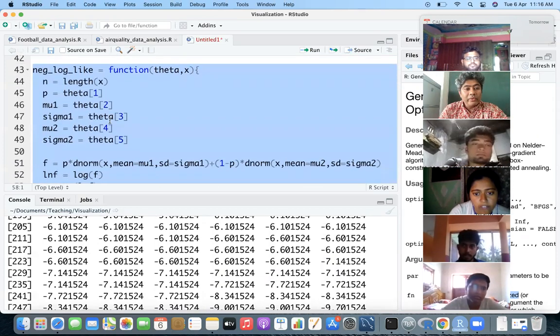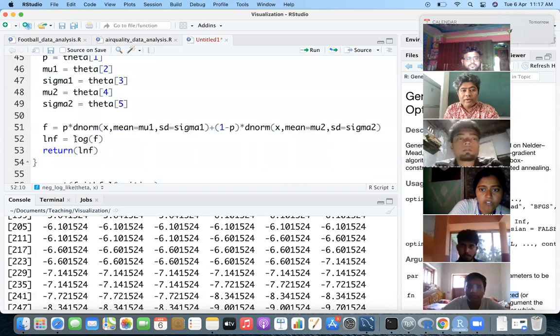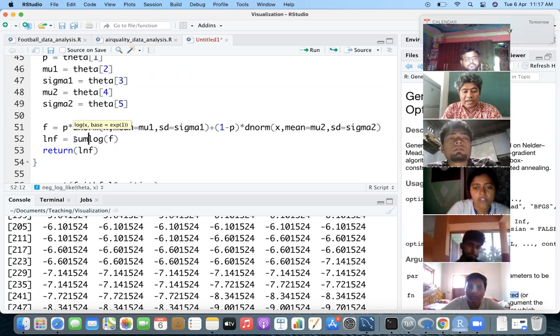Then, what is likelihood? Product of all the PDFs. That is the definition that we are using, right? If you take a log of the product, it will be the sum of the logs. We have already taken logs, so here we will take the sum. If I take the sum of all these values, this will give me the log likelihood.